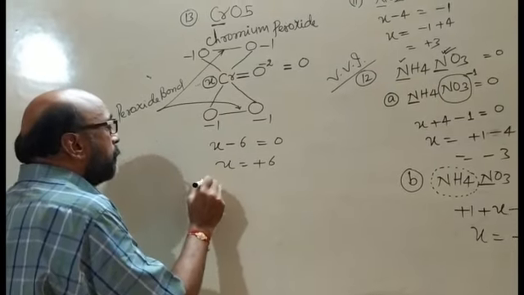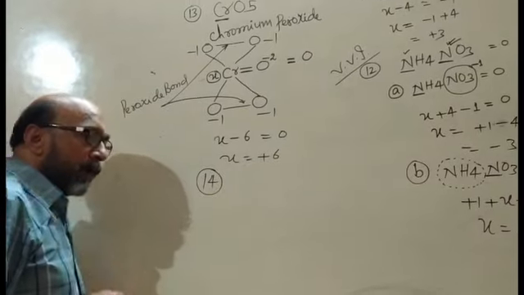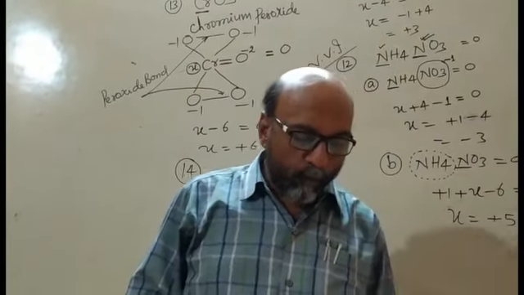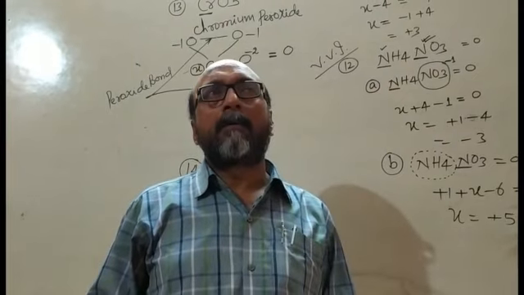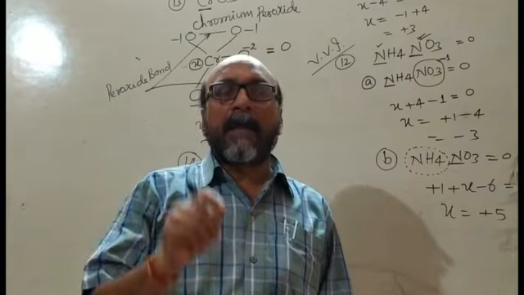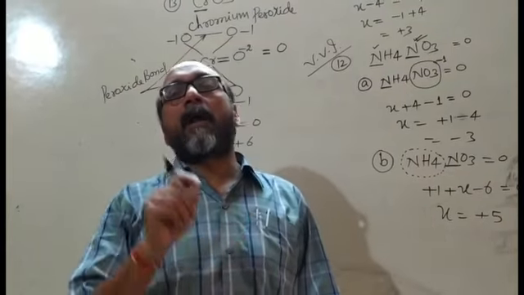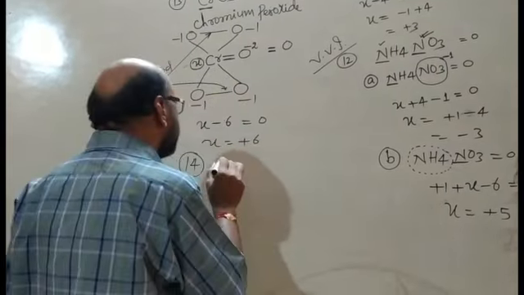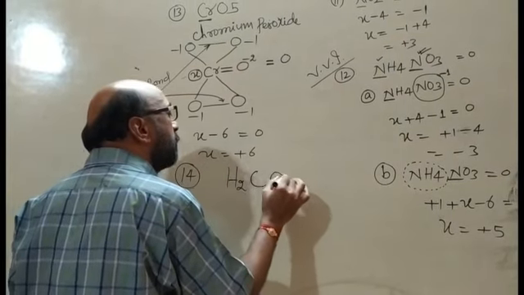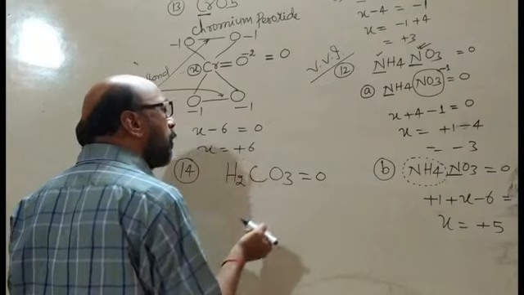And the last compound which was given to you in your homework list was H2CO3, carbonic acid. In this we have to calculate the oxidation state of carbon.